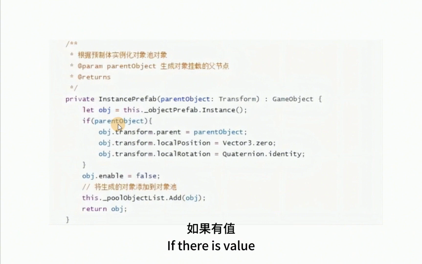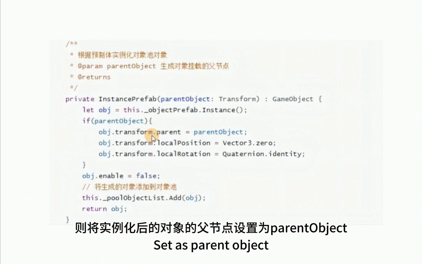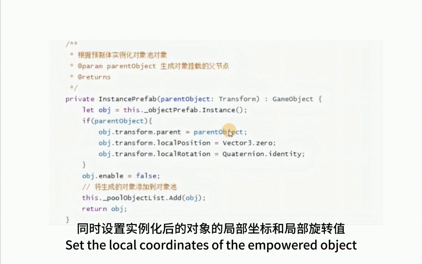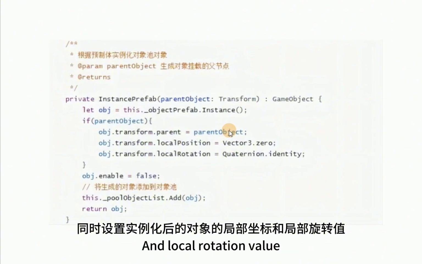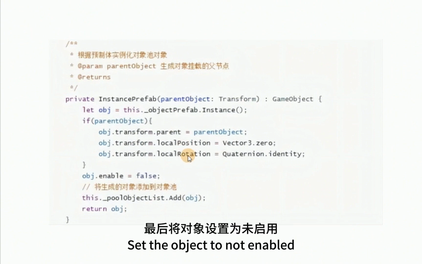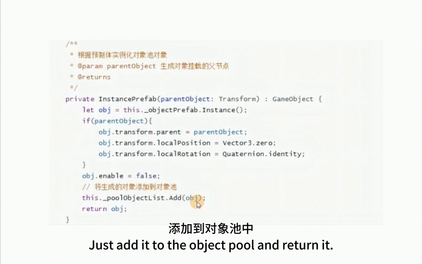If so, set the parent of the generated object to the parent object. Simultaneously, set the local coordinates and local rotation of the object. Finally, set the object to not enabled, add it to the object pool, and return it.